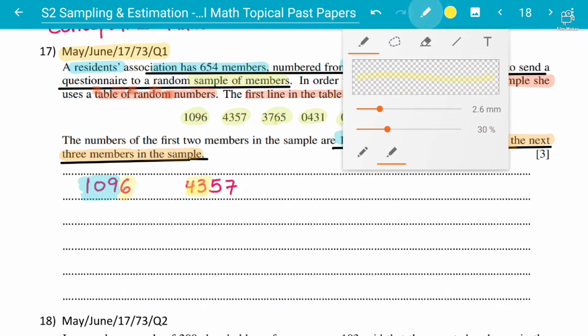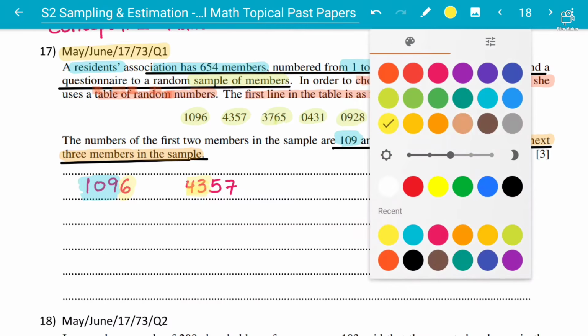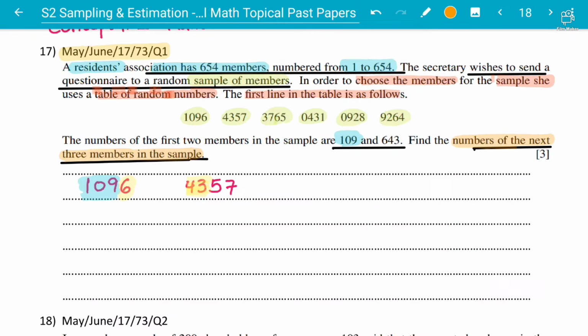So what you can do is make the three numbers in the next terms. One of your answers can be 573, students.